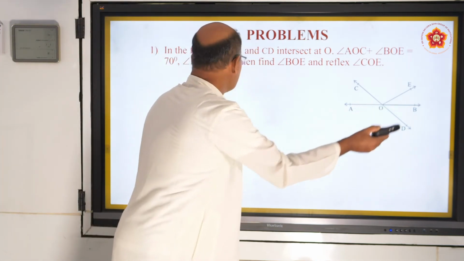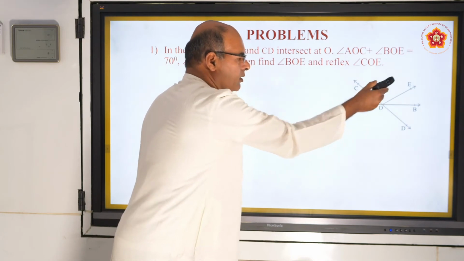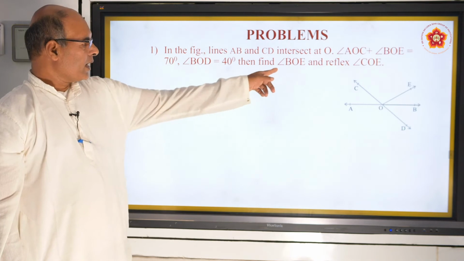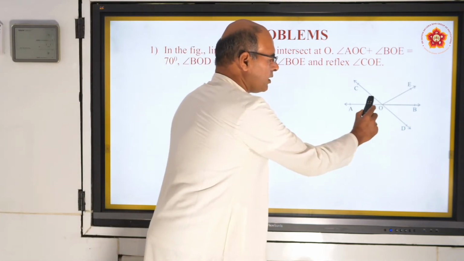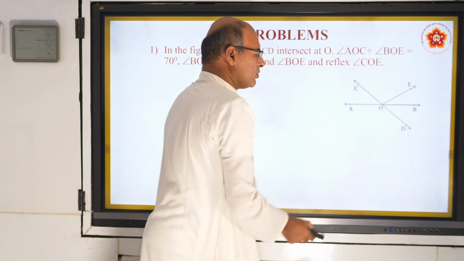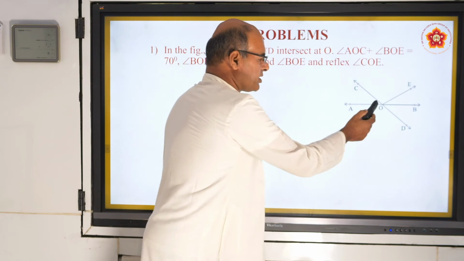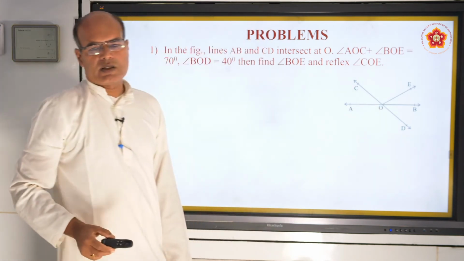So BOE, we know that angle BOE plus AOC is 70 degrees. We have to find out the individual angle BOE and the reflex COE. Angle COE is this, less than 180 degrees. So reflex COE means from here to here, that is 360 minus this angle COE.